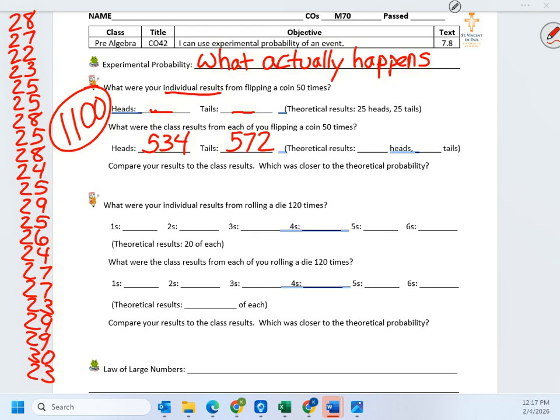So theoretically, we had said 1,100 would be 550, and 550 for heads and tails, because we had to take 25 and 25 off. Clara? When I add 534 plus 572, we get 1,106.